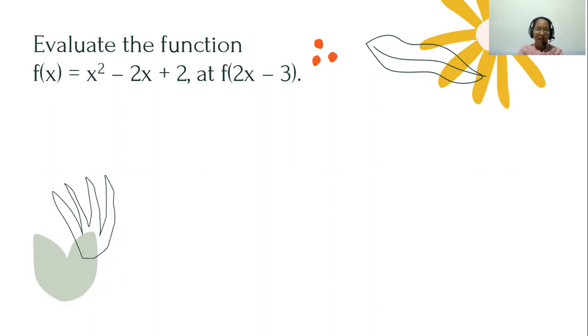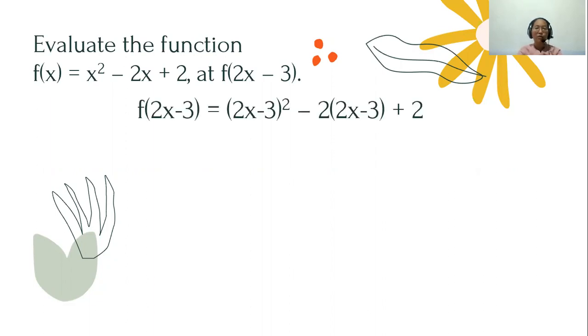So from the original function, to find f of 2x minus 3, replace the first x by 2x minus 3. Since it has an exponent of 2, you need to raise 2x minus 3 to the second power. Minus 2, then replace again the x by 2x minus 3, then plus 2.